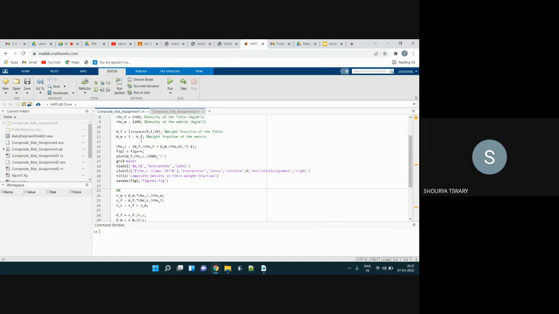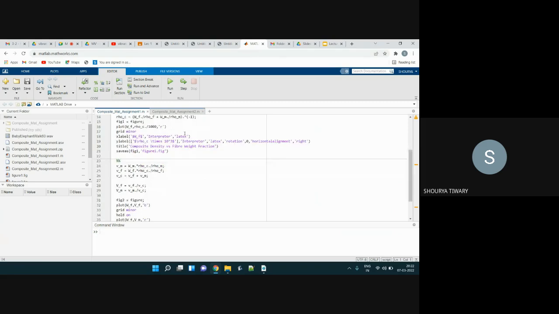Then I directly applied the formula for rho c, that is 1 by rho c, given in the slide.